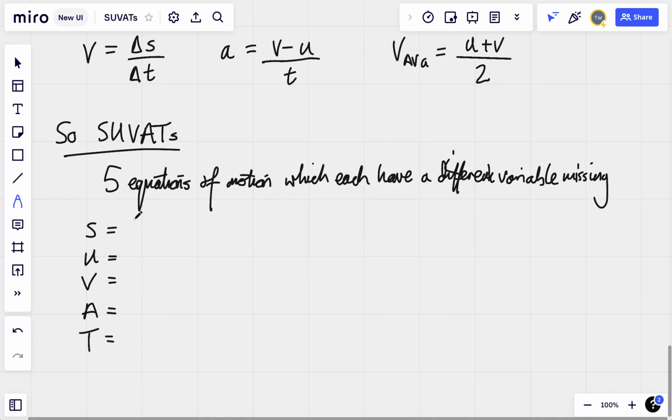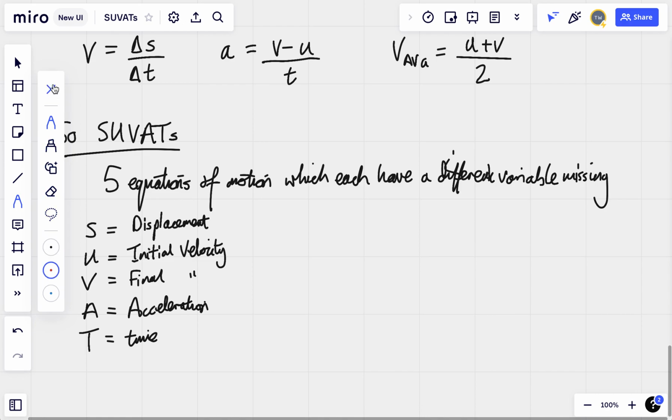So remember that S is displacement, U is initial velocity, V is final velocity, A is acceleration, and T is time.